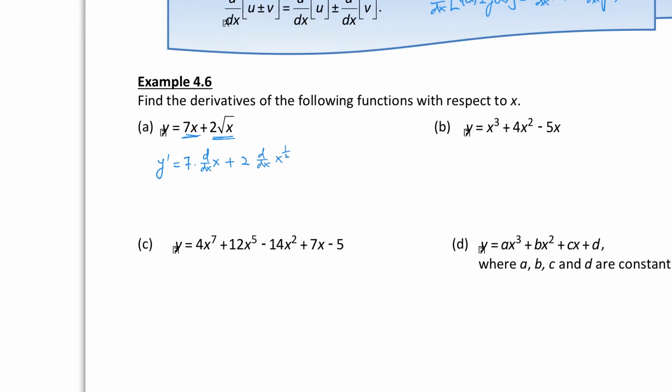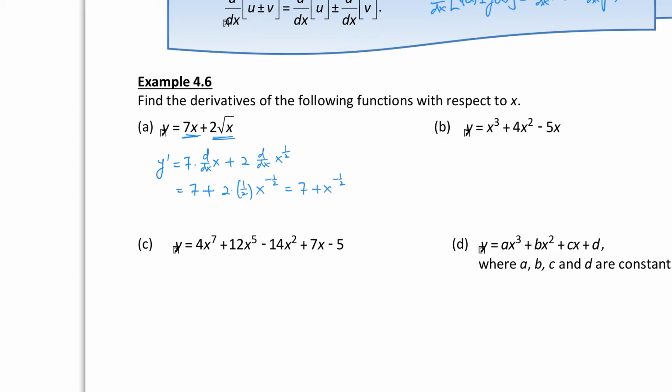This is x to the power 1 over 2. So write down the degree and degree minus 1. This one is x to the power 0, so it's equal to 1 plus 2 times 1 over 2, x to the power negative 1 over 2. And then the answer is 7 plus x to the power negative 1 over 2.